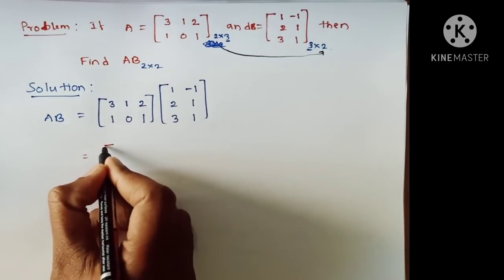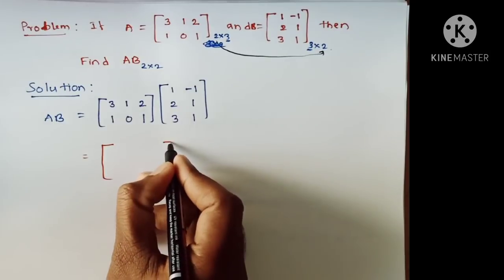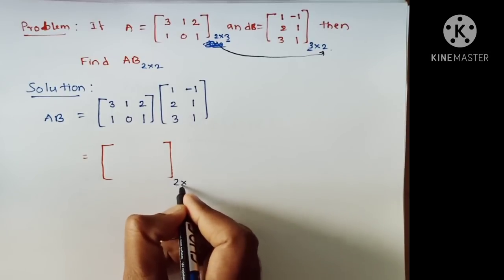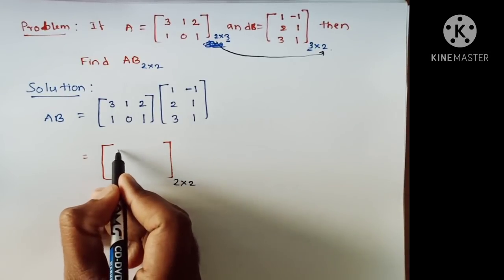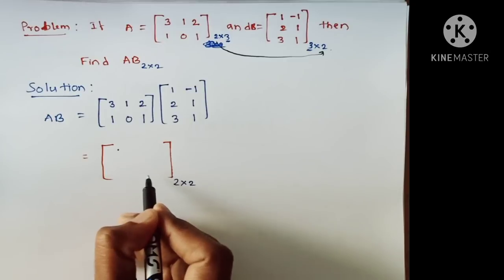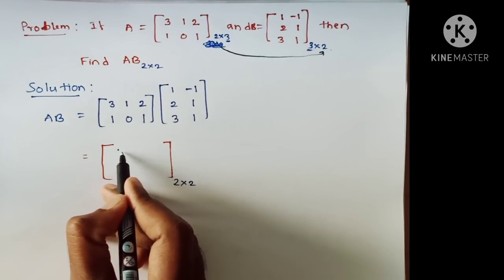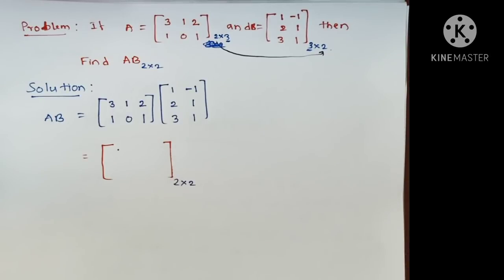So we get the resultant matrix of order 2 by 2, with entries C11, C12, C21 and C22.